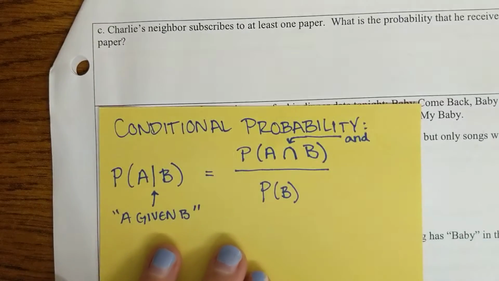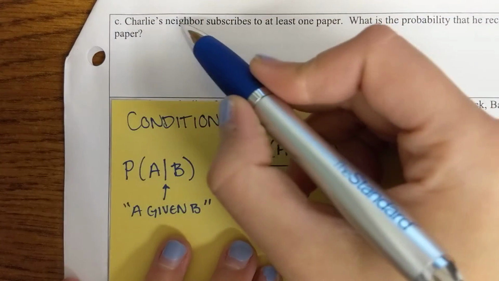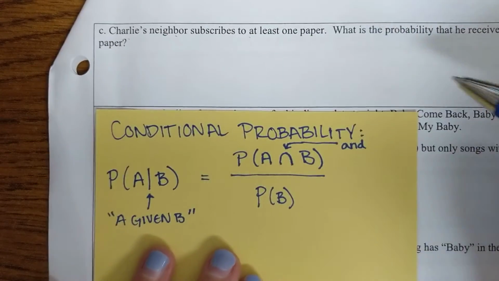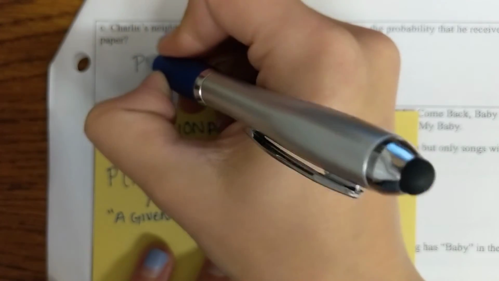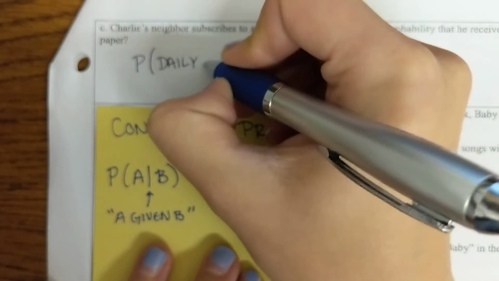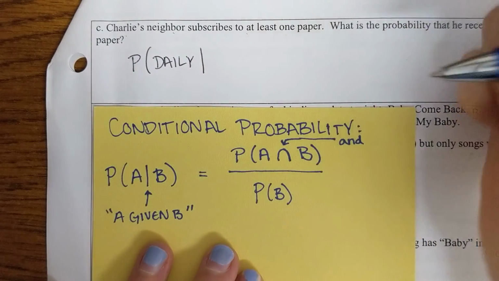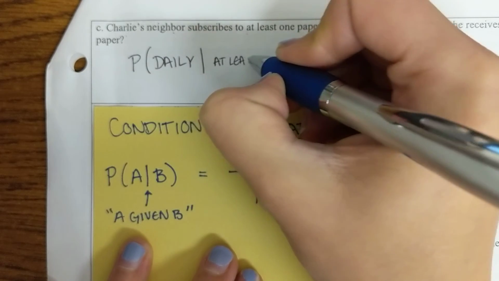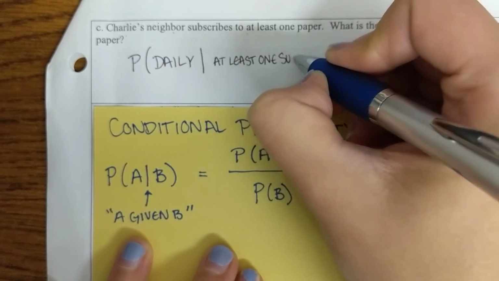So going off of this formula, I can write, okay, Charlie's neighbor subscribes to at least one paper. That's what we know. What is the probability he receives the daily? So the probability he receives the daily paper, given that you know he subscribes to at least one subscription.